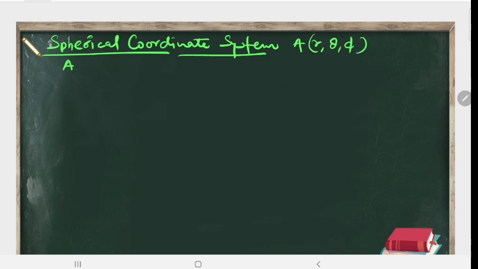Using the matrix relationship, we can convert a vector in Cartesian system to the spherical system.